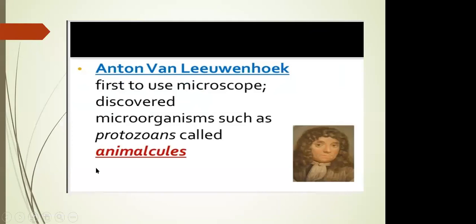Anton von Leeuwenhoek. He is a scientist who discovered living cells for the first time.